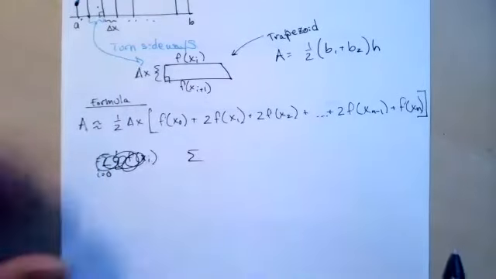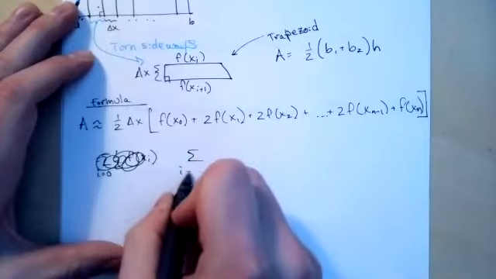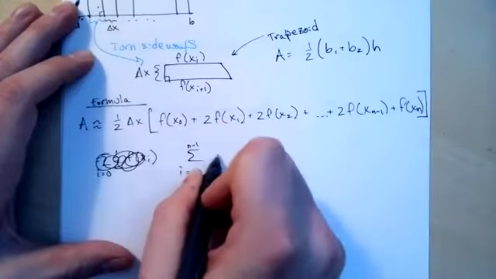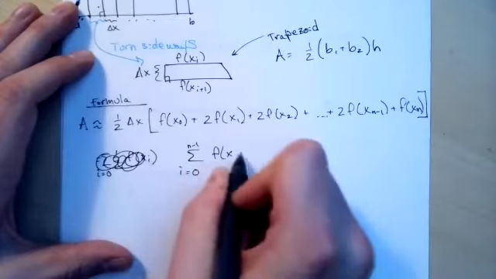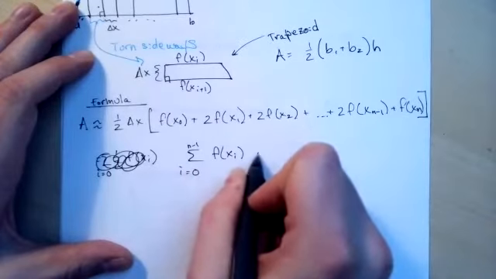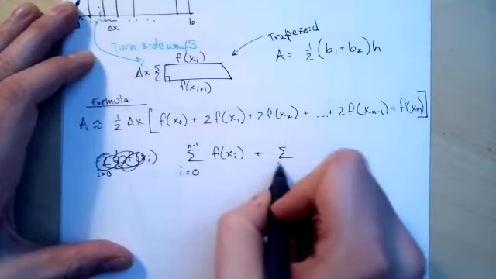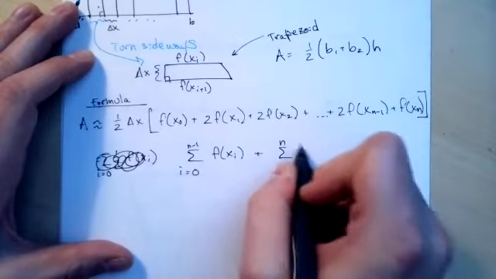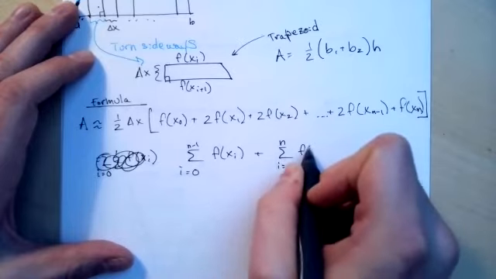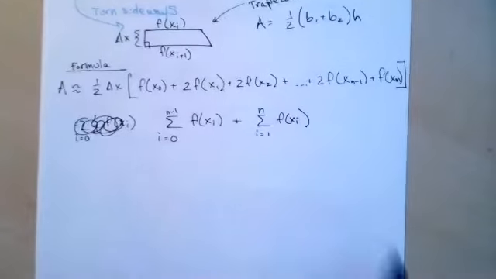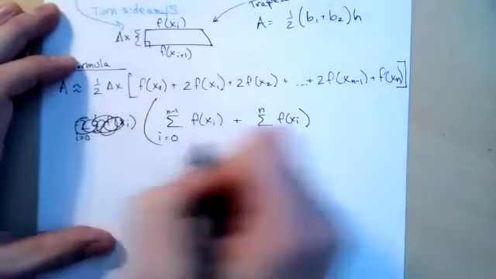We will have the sum of i equals 0 to n minus 1 of f of xi, plus the sum i equals 1 to n of f of xi. So if you're familiar with summation notation, this will make a little more sense.